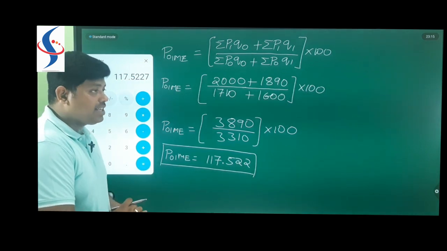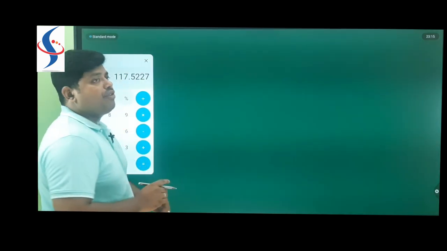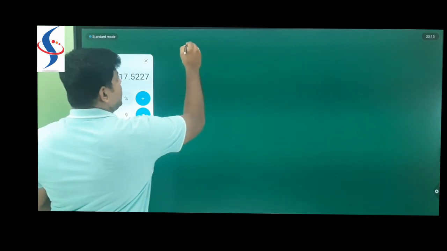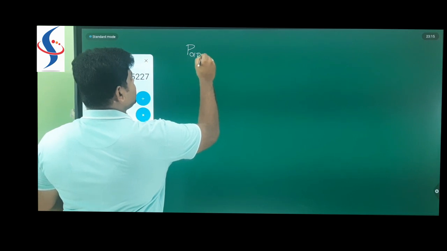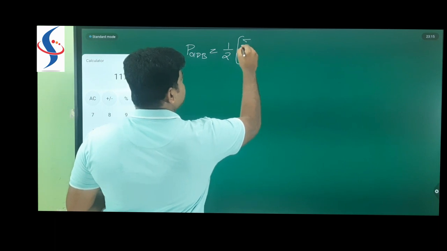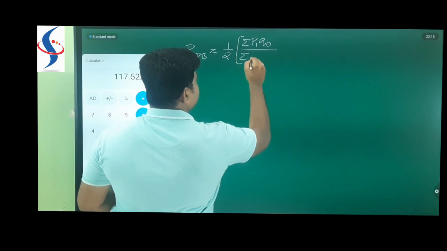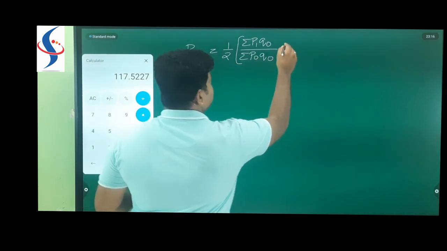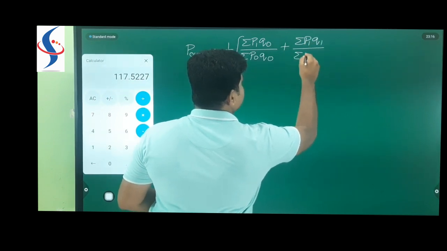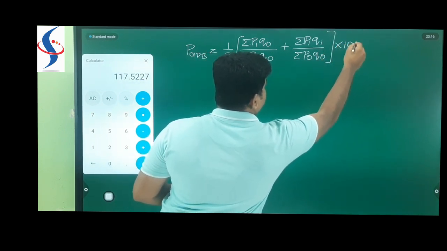Our next job is to find the price index number by Drobisch-Bowley. So now let us use the Drobisch-Bowley formula and find the price index number. That is P01 Drobisch-Bowley starts with half of, then summation P1 Q0 divided by summation P0 Q0 plus summation P1 Q1 divided by summation P0 Q1, into 100.